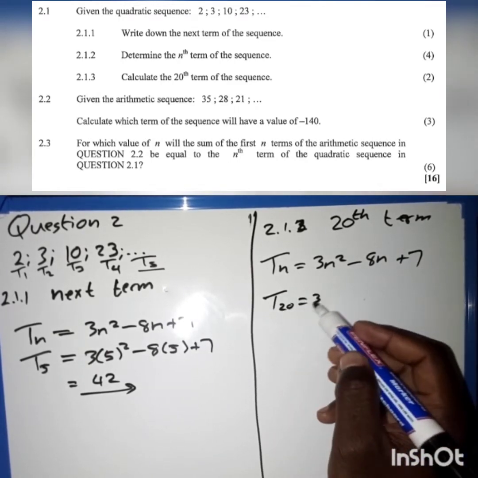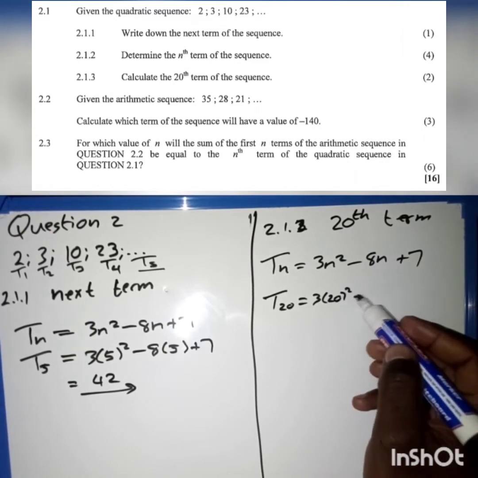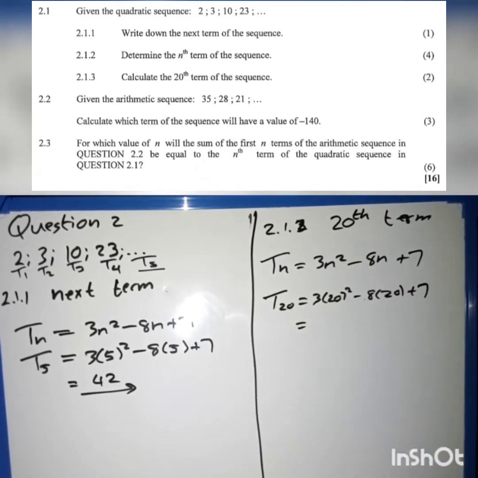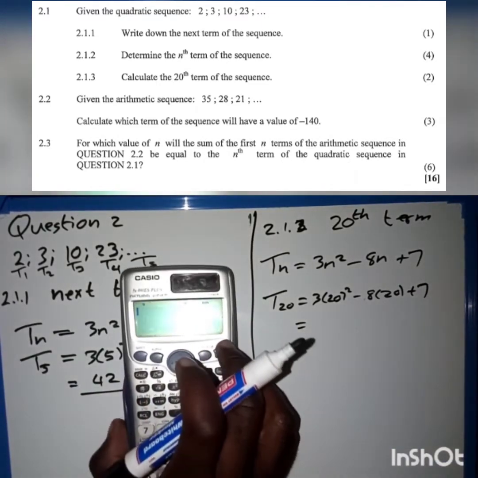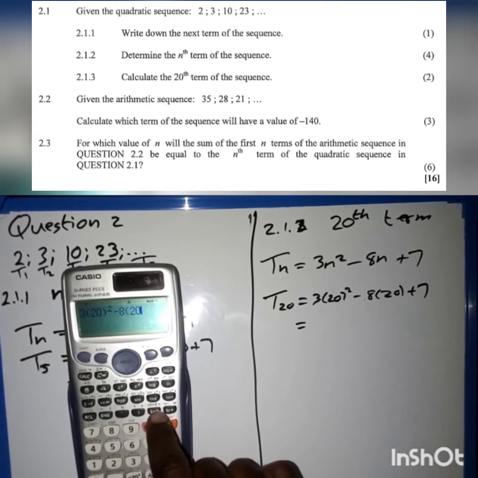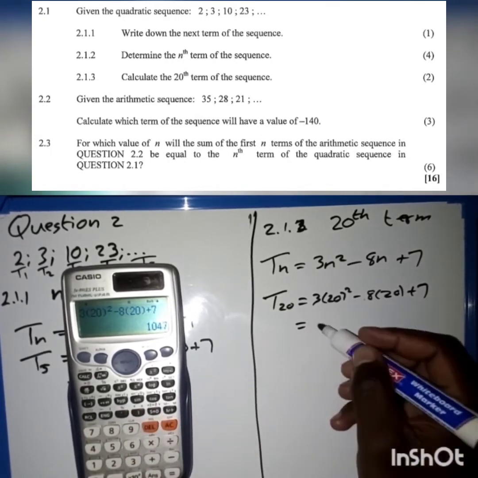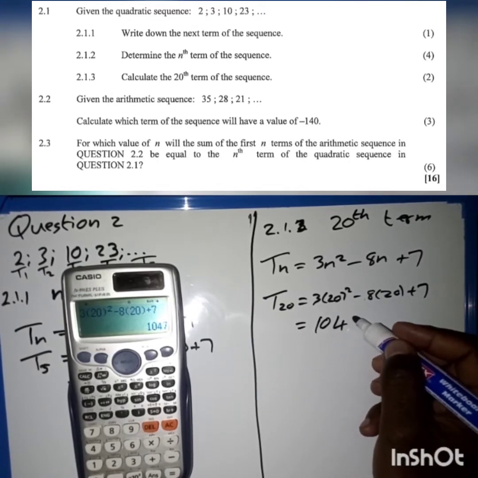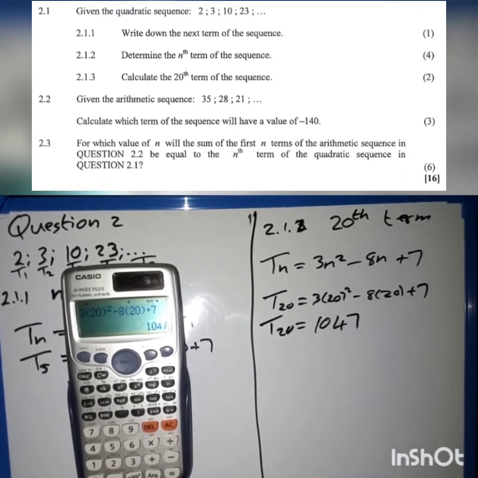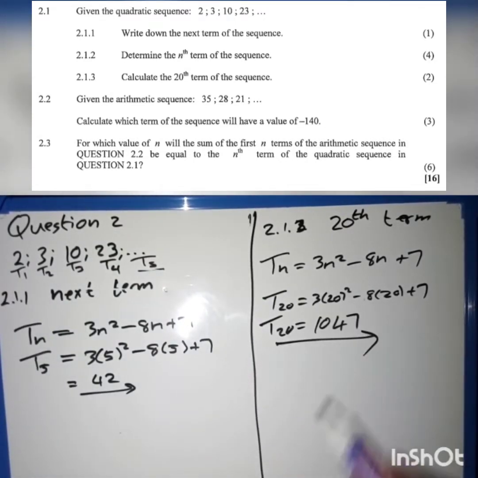T20 will be equal to 3 times 20 squared minus 8 times 20 plus 7. What does that give me? Put everything into my calculator. 3 times 20 squared minus 8 times 20 plus 7 gives me 1047. So that will be my T20. Alright, cool. That's that.